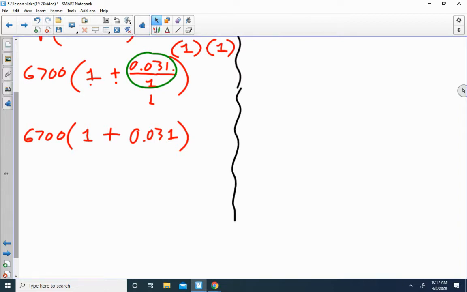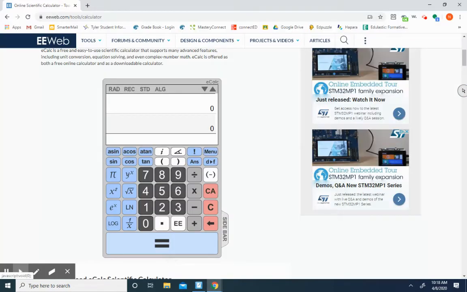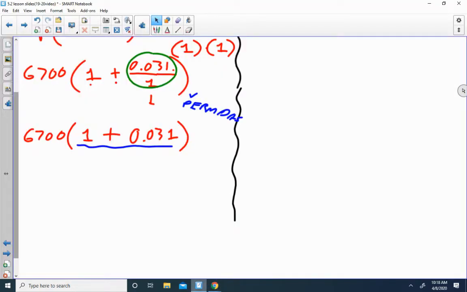Now we have to follow the order of operations: PEMDAS. Parentheses go first, so I first have to do 1 plus 0.031. Let's do that in the calculator. 1 plus 0.031, which you've probably already noticed, is just 1.031.